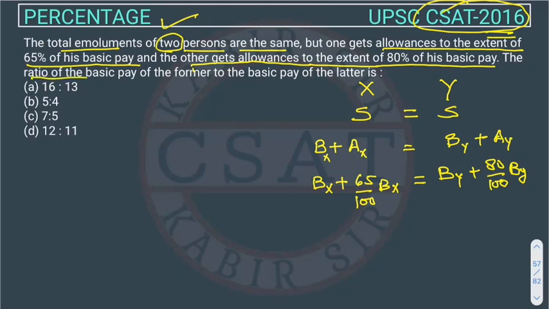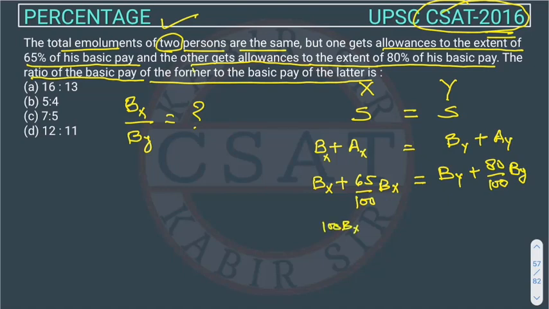Now the ratio of the basic pay of the former to the basic pay of the latter is asked. So what is the question asking? The question is asking the ratio of the basic pay of X to the basic pay of Y. So from this we can calculate.